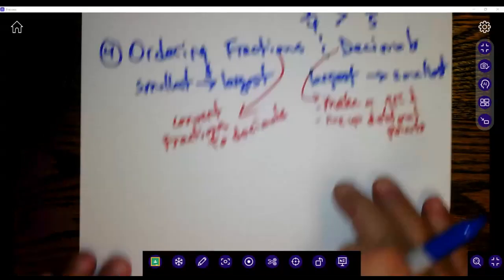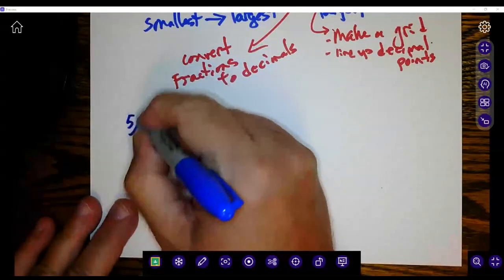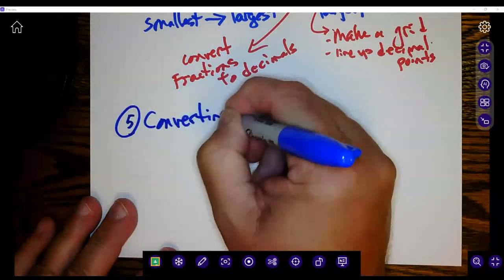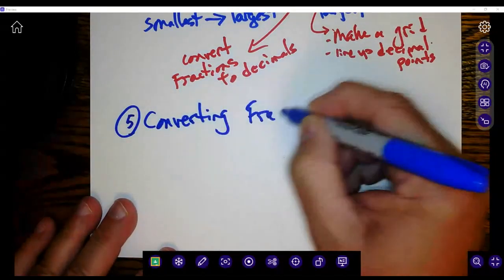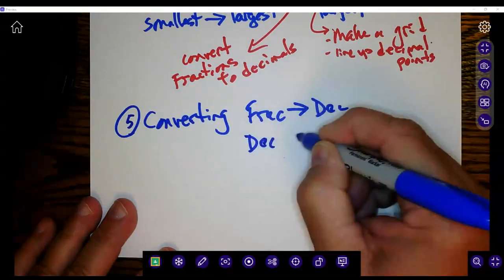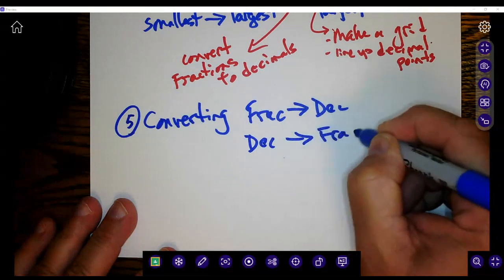Then we covered converting fractions into decimals or decimals into fractions.